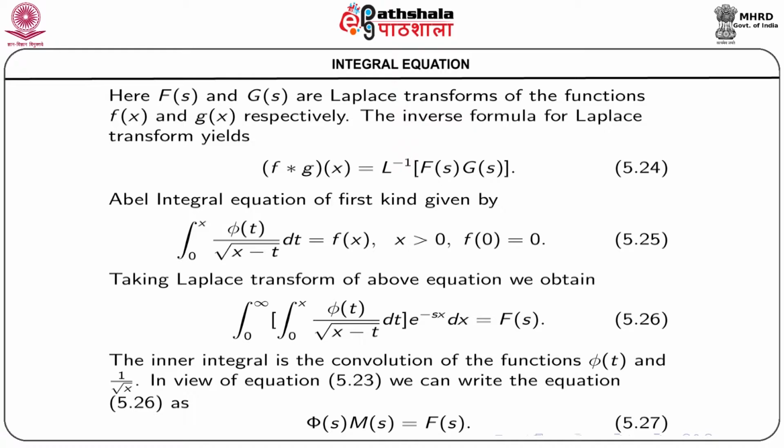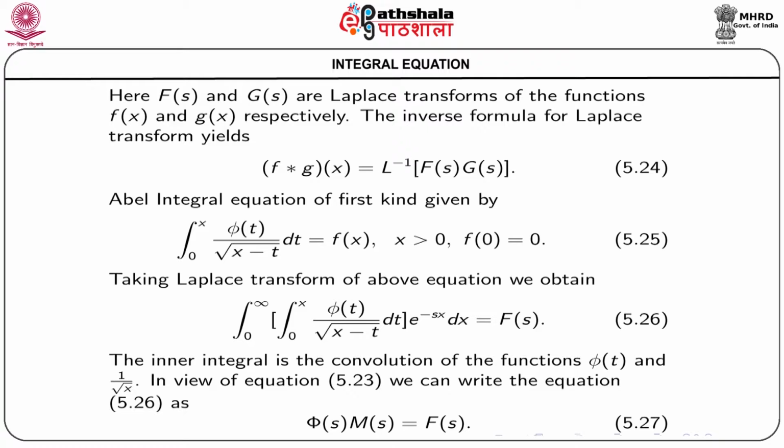So, we know that Laplace transform of convolution of two functions is the product of transformed functions. So, we can write 5.26 as capital phi s into capital M s equal to capital F s.